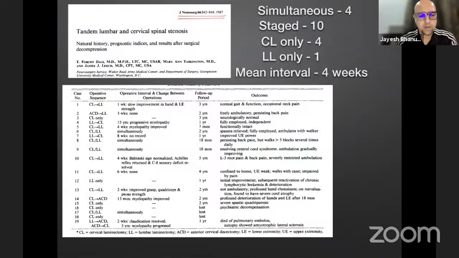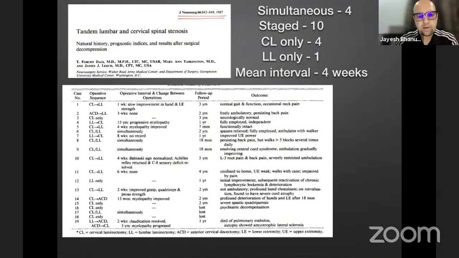So there was this very old study done for tandem spinal stenosis, where patients had undergone lumbar and cervical stenosis surgery, but initially there was no literature or guideline to do a tandem decompression.